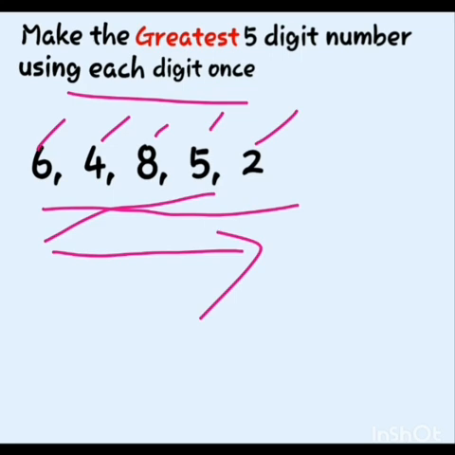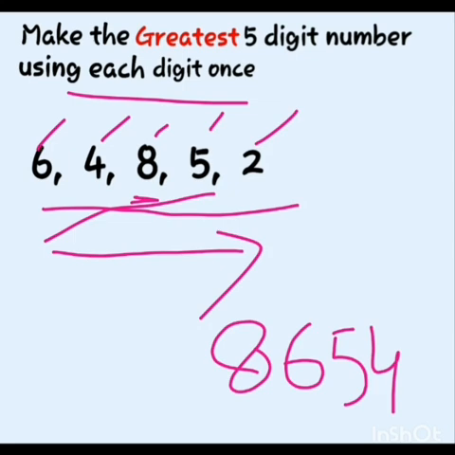So what is the largest and highest digit here? You can see 8, right? So I write 8 first. Then we have 6. So I write 6. After that, then we have 5. So I write 5. After that, then we have 4. Then I write 4.